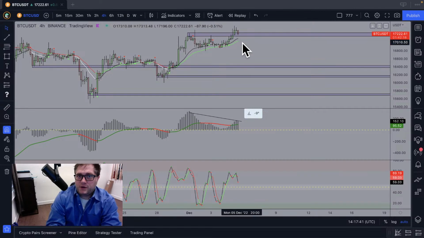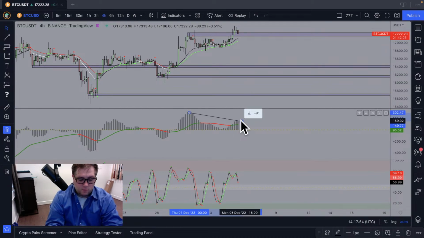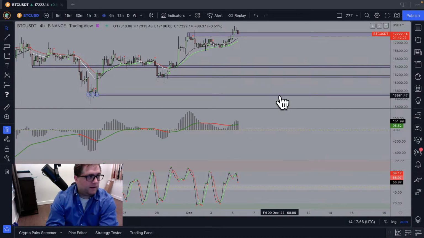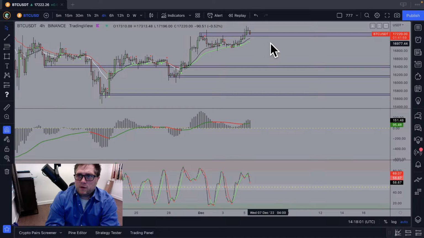Do we have confirmation? No. And the reason we don't have confirmation is because we don't trade against the trend. The trend is up. If we do trade against the trend, we have to be extremely confident that we're heading in the opposite direction. So this is what Bitcoin looks like.